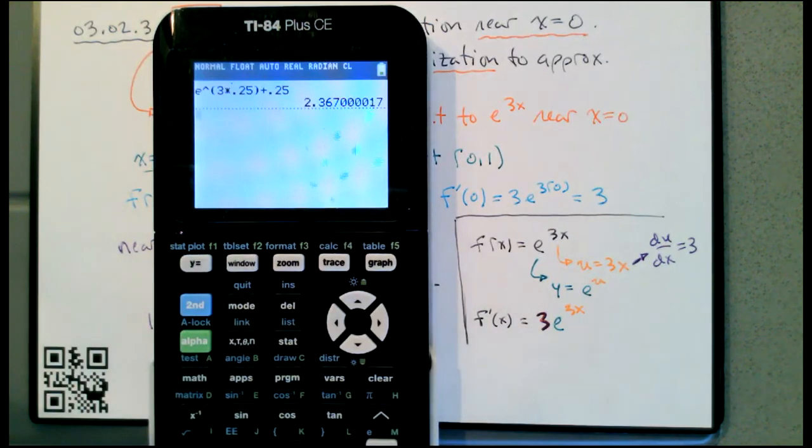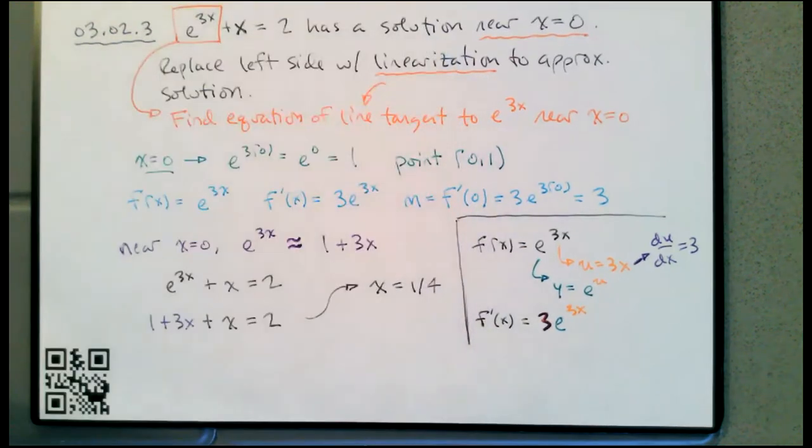But on decimal, it showed 2, right? The line was at 2. But if we plug 1/4 back into the original, we get 2.36. Is that what you're trying to say? That's what I'm saying, yes. Got it. Which is not quite 2, but we're approximating the solution, not getting the exact solution.